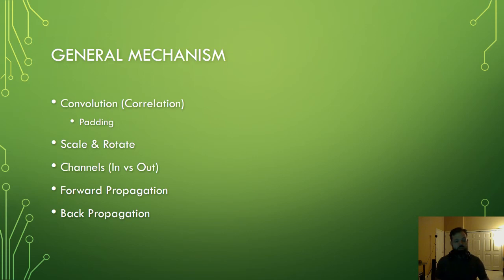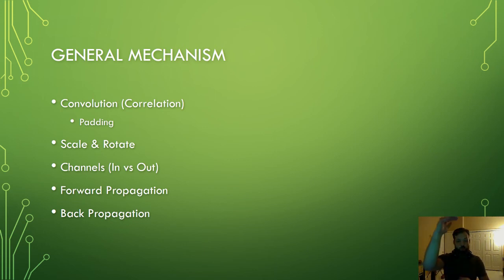Channels in versus channels out. So again, we were talking about if you had a bitmap, a 2D image with 3 channels, R, G, and B. Generally for each layer, you're going to want your filter to spit out a single channel, but take in multiple channels. So your filter for the first layer should take in all 3 channels of the bitmap and spit out a single channel, because that's going to be one activation set, one feature.